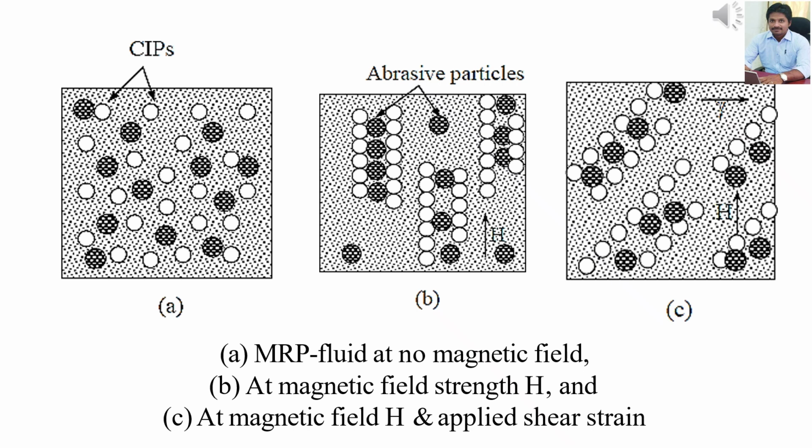In figure B, the chain is in the upward direction, whereas in figure C, the chain is inclined with some orientation. That means, depending on the given magnetic effect, the particles form a chain, increasing the stiffness and yield strength, which causes resistance to flow and thereby the removal of material takes place.